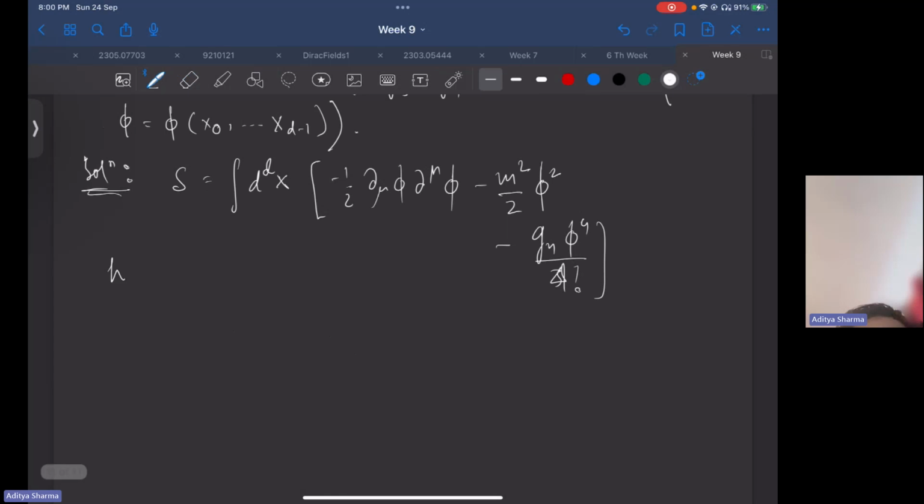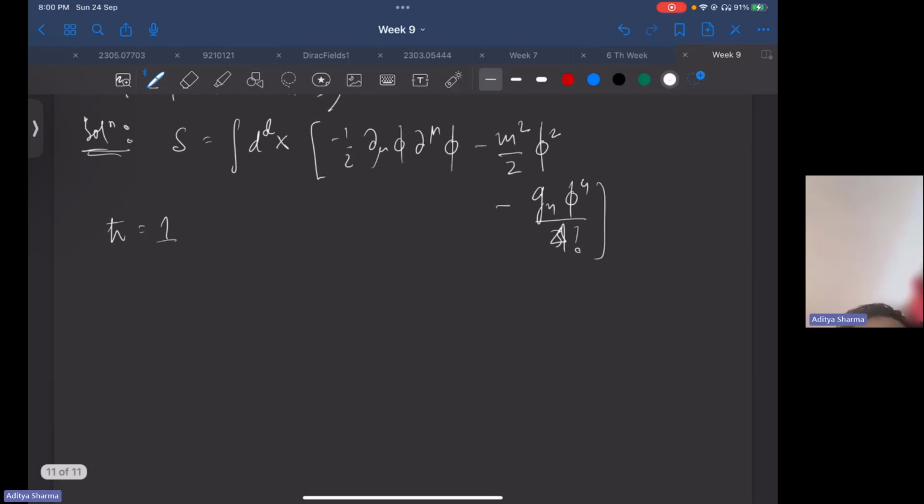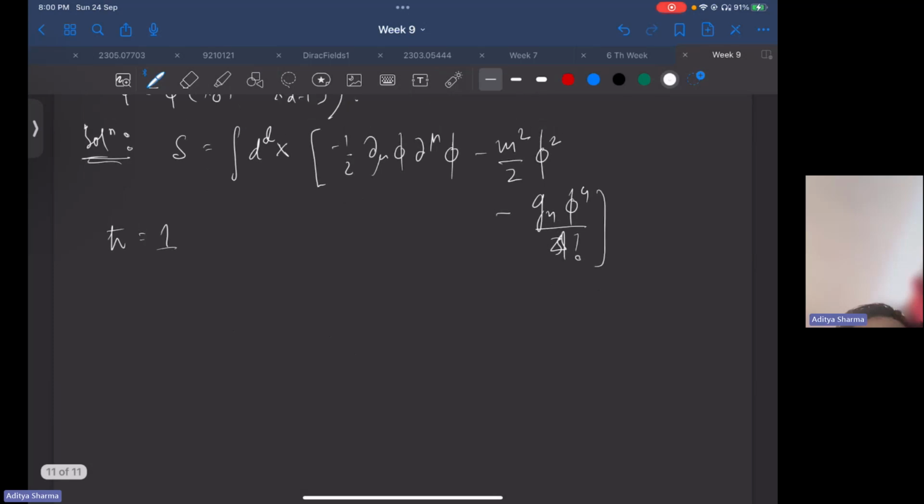So when I set h bar equal to 1, I make the dimensions of angular momentum dimensionless. Action has the dimension of angular momentum, so this action is also dimensionless. Therefore, we have no dimension, which is 1. And we have d length dimension.